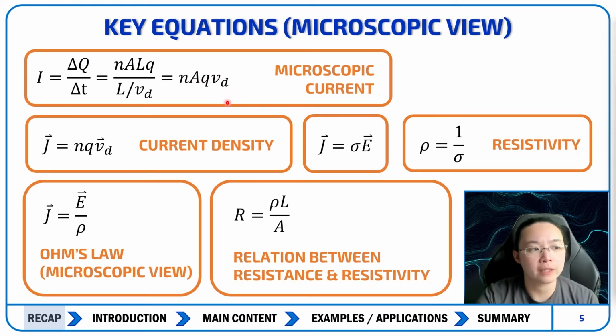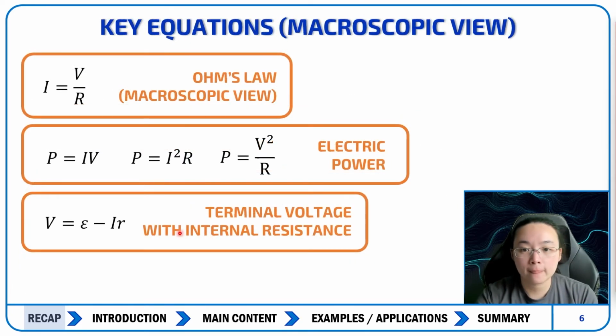So I won't go into all the details about that. You have the current defined by the current density, nqvd. And there are various different ways of representing the current density. You can have sigma times E. You can have resistivity, where sigma is equal to conductivity. And of course, another view of Ohm's law.